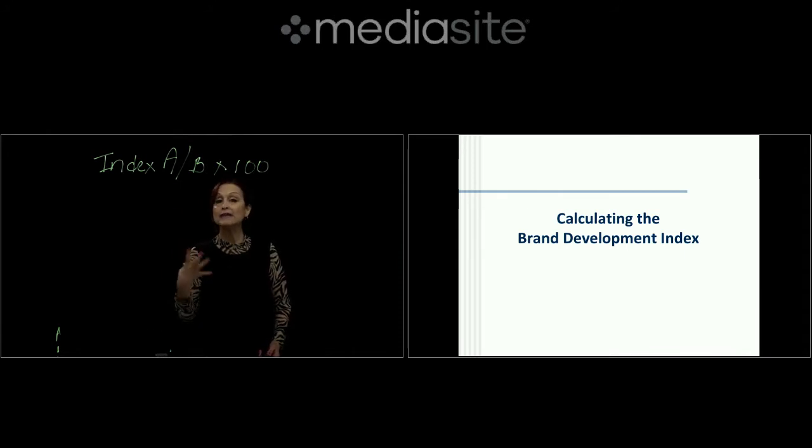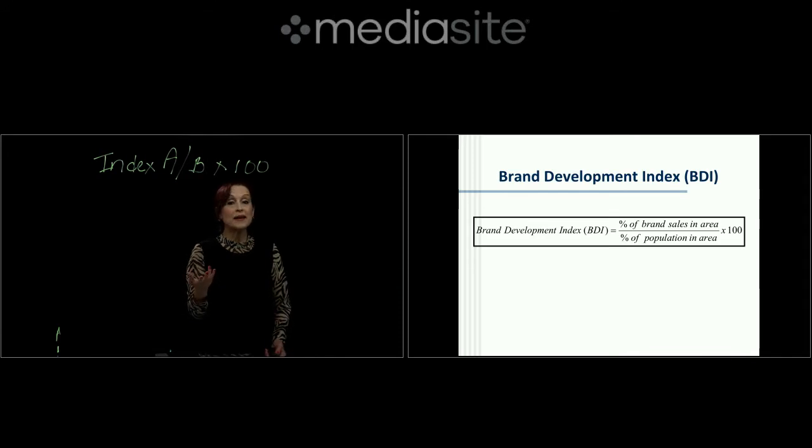The brand development index is how well the brand's business or sales, let's say cherry Coke, develop within a specific region. So now the basic formula of A divided by B is percentage of brand sales in the area, that's your A, divided by the percentage of population in the area multiplied times 100, that's your B.